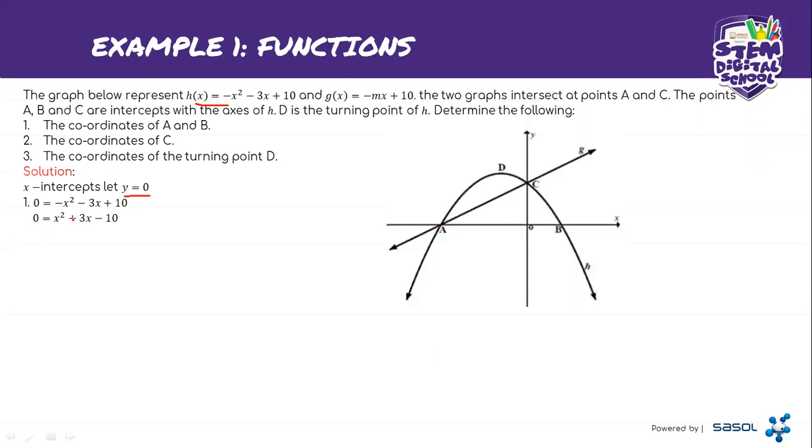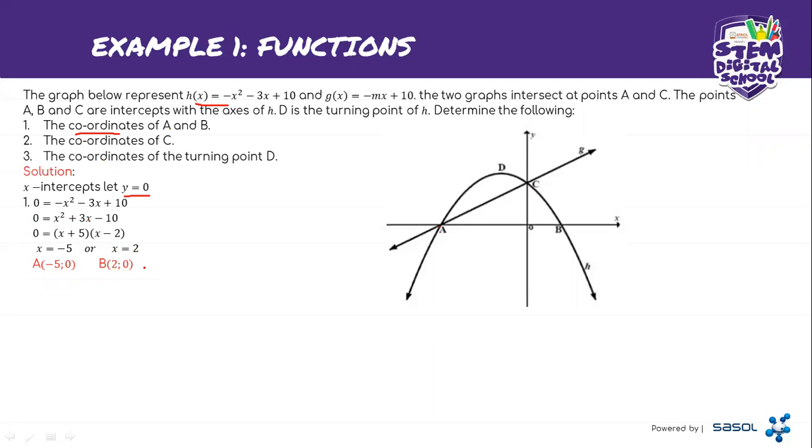Now we can factorize this. Do you have factors? Yes. It's x plus 5, x minus 2. Then the value of x equals negative 5 or 2. Now remember, we are calculating for coordinates. So the coordinates are negative 5 comma 0 and positive 2 comma 0. So we are done answering that question.